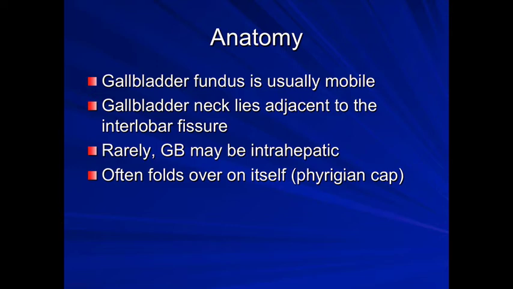The gallbladder lies in the gallbladder fossa, but sometimes it may be partially or even completely enveloped by hepatic parenchyma. Within the body and the fundus of the gallbladder, one will often see folds as the end part folds back on itself, and this is referred to as a Phrygian cap.